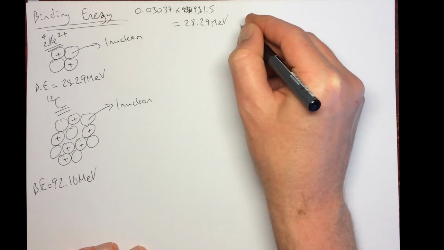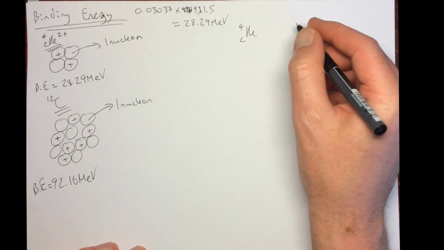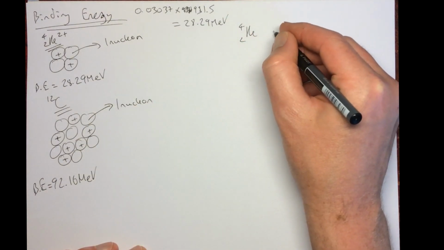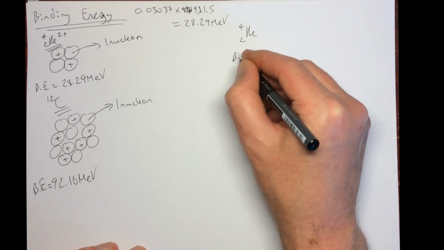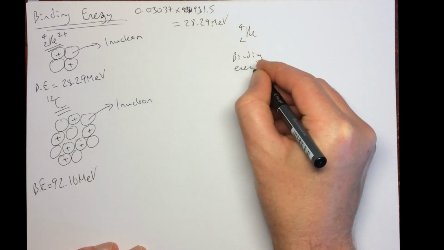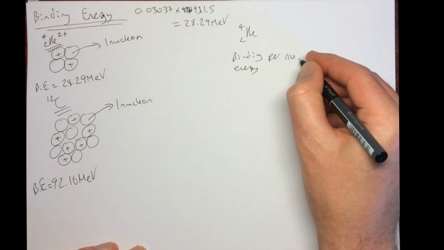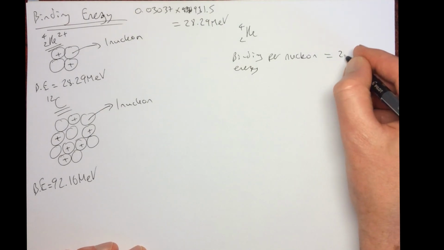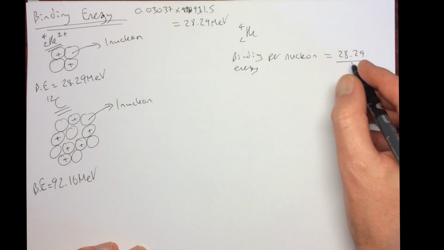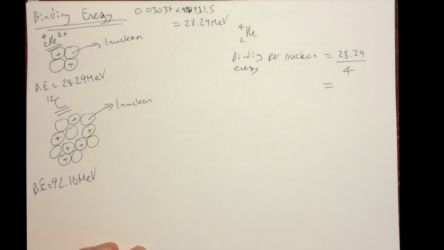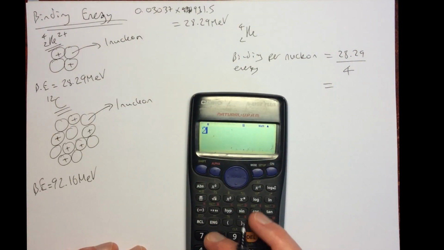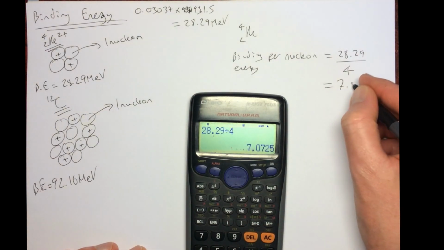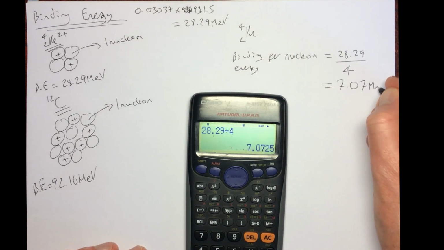For helium-4 the binding energy is 28.29, so the binding energy per nucleon is 28.29 divided by 4, and that gives us 7.07 mega electron volts.